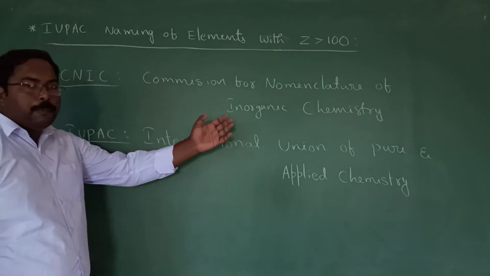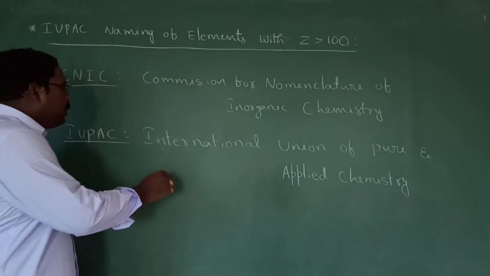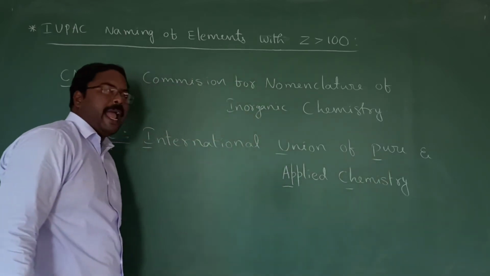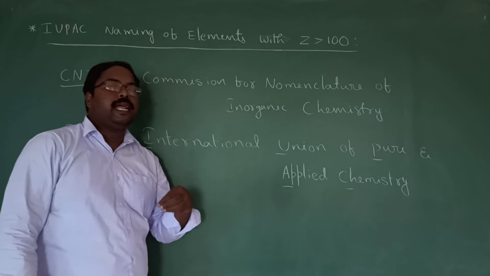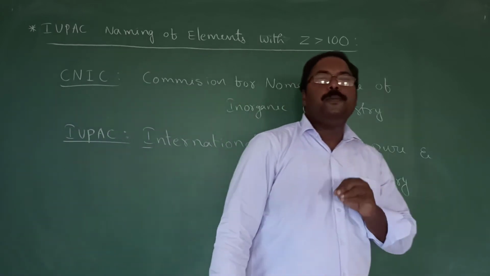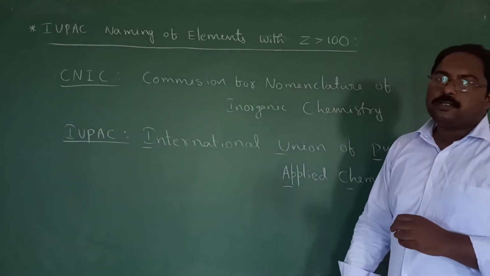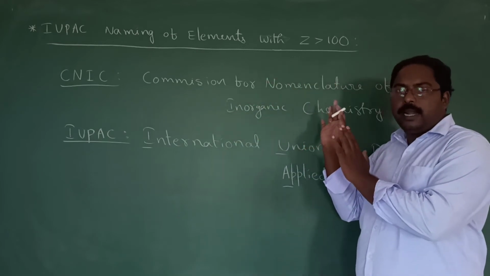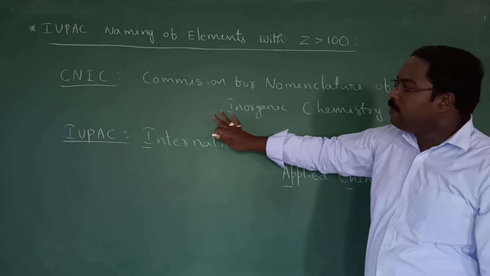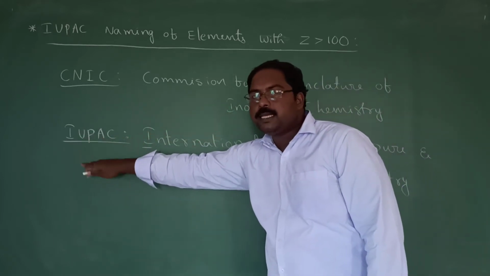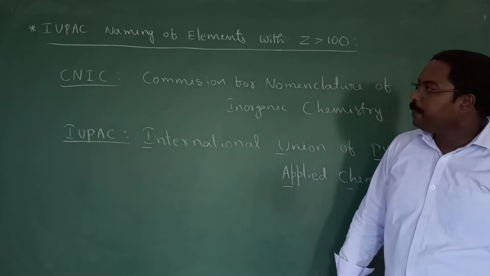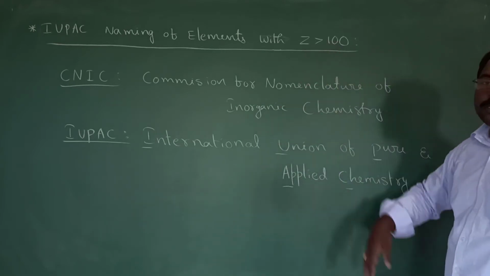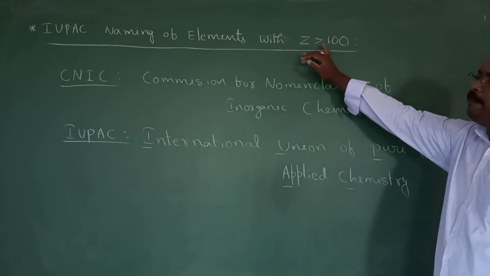This is the full form of IUPAC. Normally while naming the organic compounds, we use IUPAC nomenclature. So regarding the naming of the compounds and all the rules related to chemistry, everything was given by the system known as IUPAC. So note down the full form. Then we will discuss the rules, how to name the elements with the atomic number greater than 100.